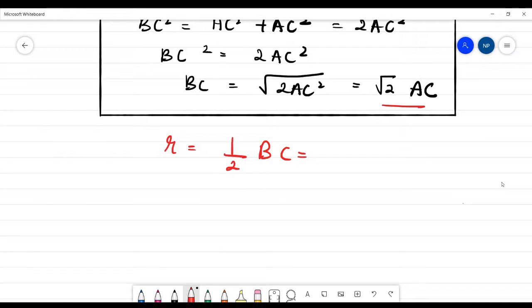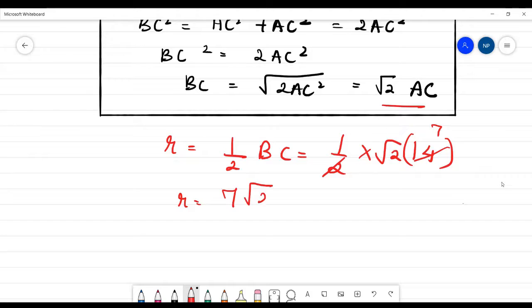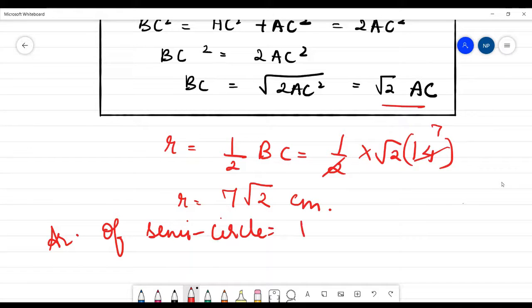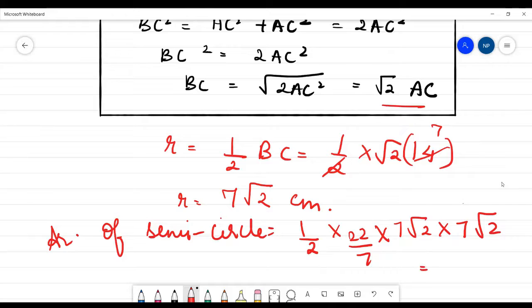Now BC is root 2 AC, so half of root 2 into 14 gives us 7 root 2 centimeter as the radius. So the area of the semicircle is equal to 1 by 2 into pi, that is 22 by 7, into r square, that is 7 root 2 multiplied by 7 root 2. We get the answer as 154 centimeter square.